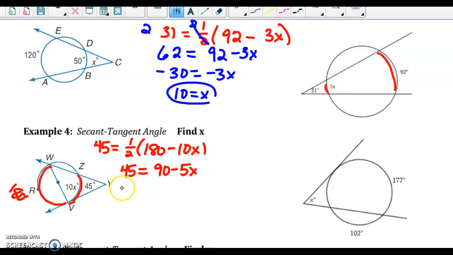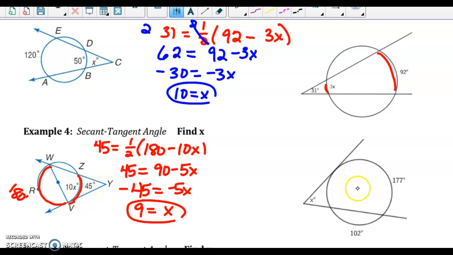Here I'm going to subtract 90 both sides, and I get x is equal to 9. And that would make sense. The bigger arc is 180. 10 times 9 is 90. If I take 180 minus 90, I get 90, and I take half of it, I get 45.